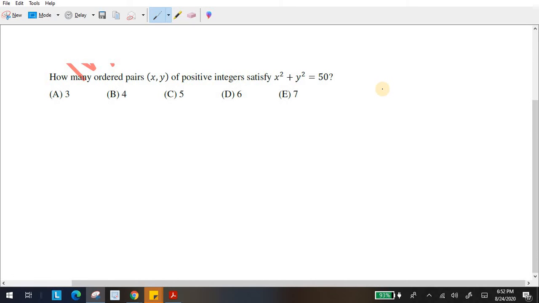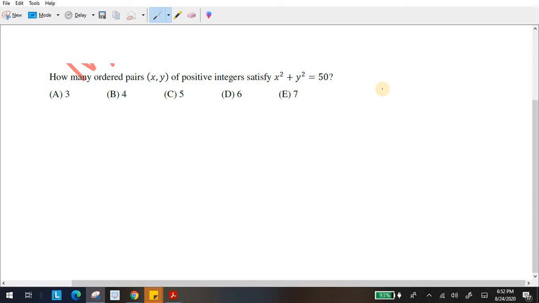It's okay. How many ordered pairs satisfy x squared plus y squared is 50? Positive integers. Okay, so I'm just going to list out the squares. I'm sure there's an algebraic way to solve this, but I just feel like this may be faster.